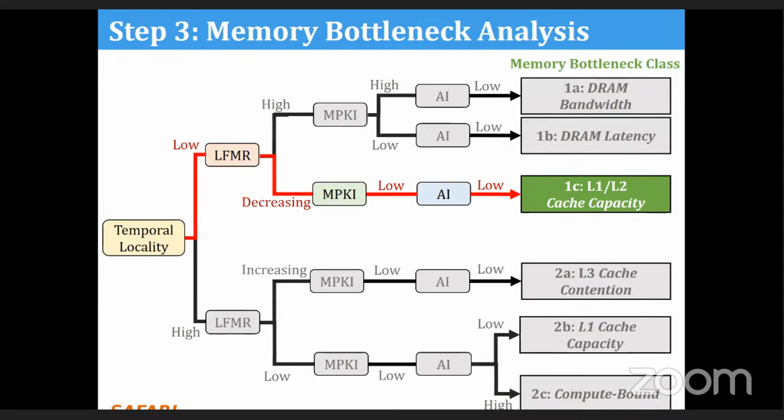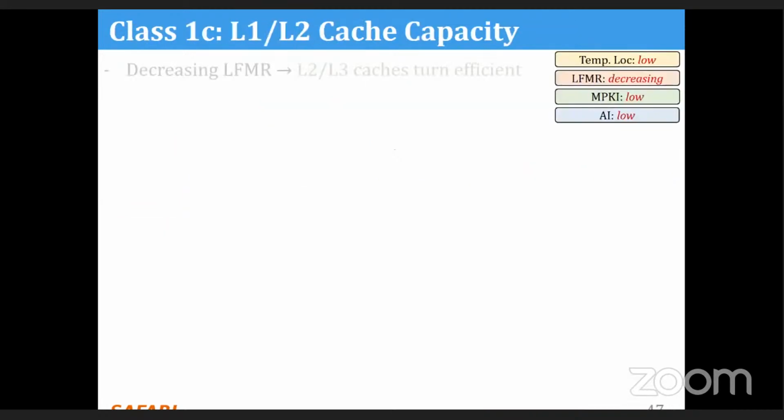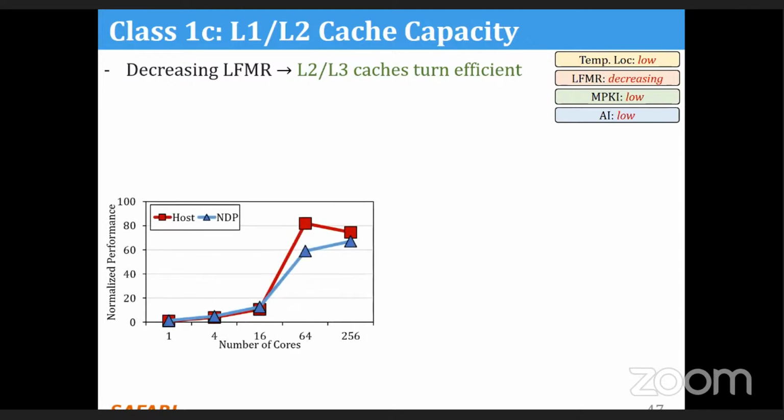The third class is 1C, L1, L2 cache capacity. In these ones, we see that the LFMR decreases as we increase the number of cores that we use in the experiment. And what this means is that L2 and L3 turn more efficient. In the configuration that we are using in these experiments in particular that you see in this slide, not because in the paper we have even more experiments, here, we are using private L2 caches for the cores.